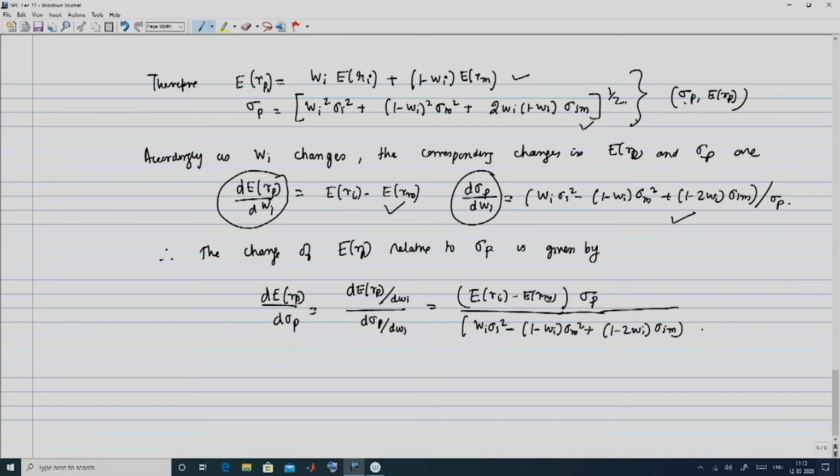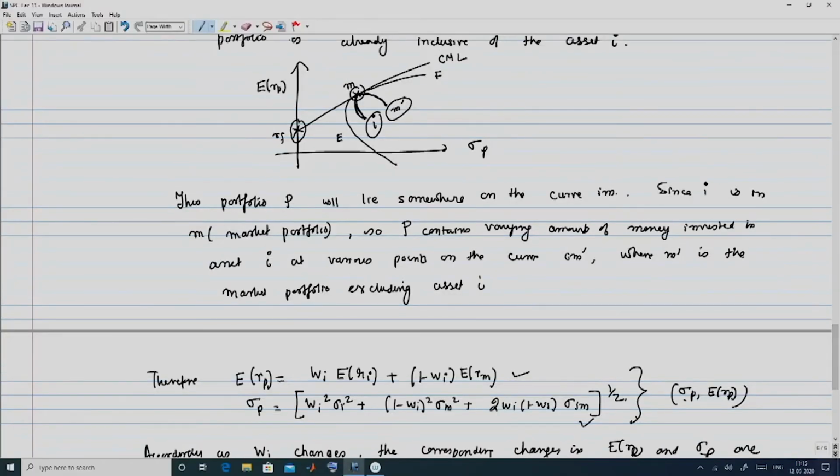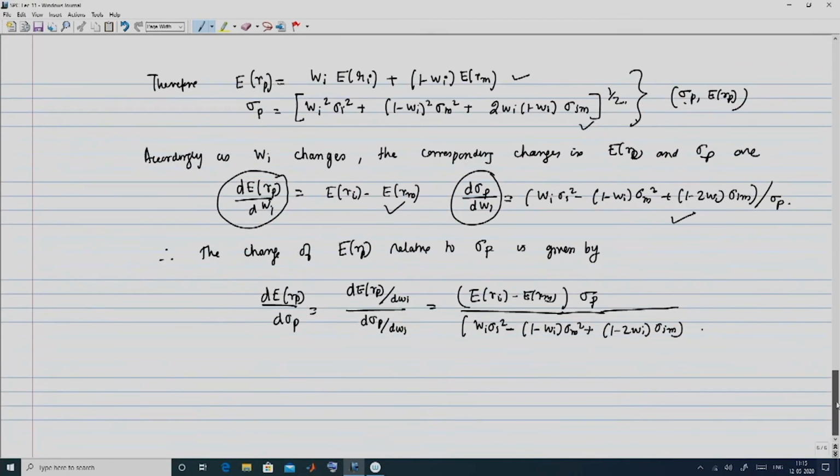Now, recall the curve I m prime that I have here, which will be represented by ERP and sigma RP. Accordingly, this expression, that is the change of the expected return vis-a-vis the risk as given by the standard deviation, is going to represent the slope of the curve I m prime.